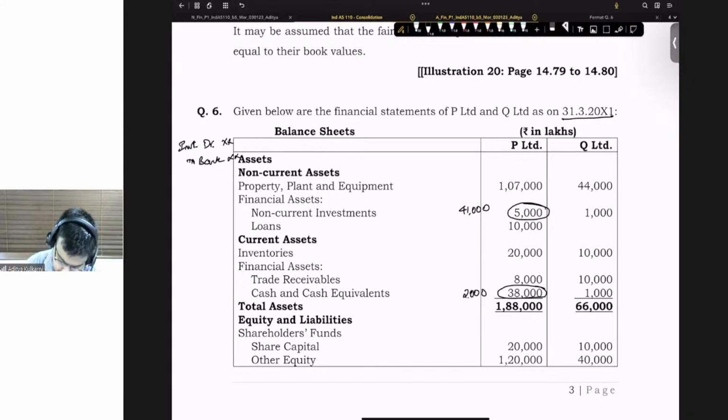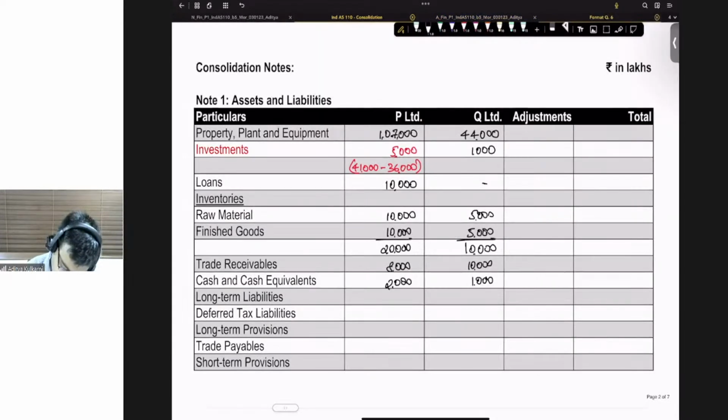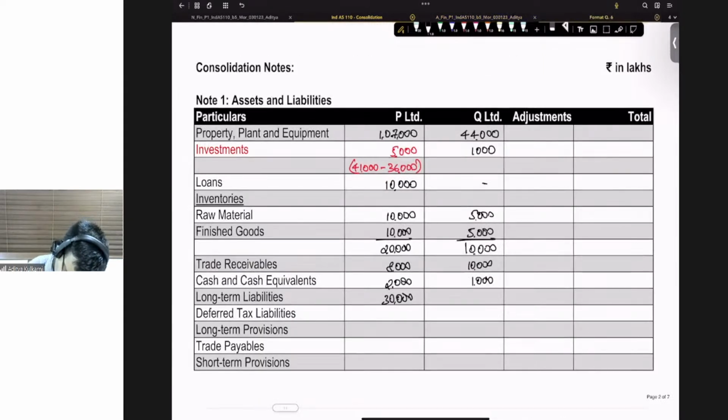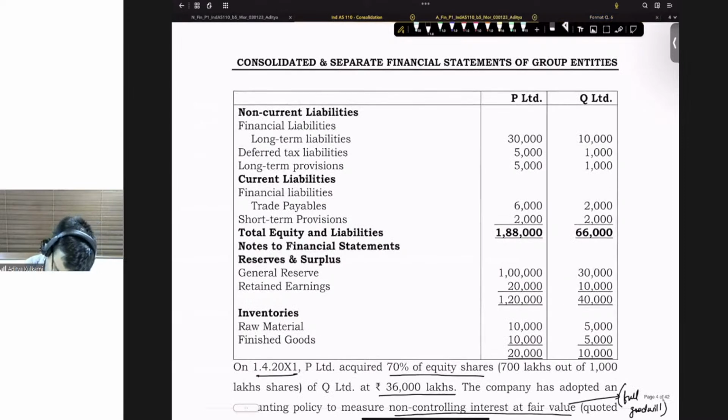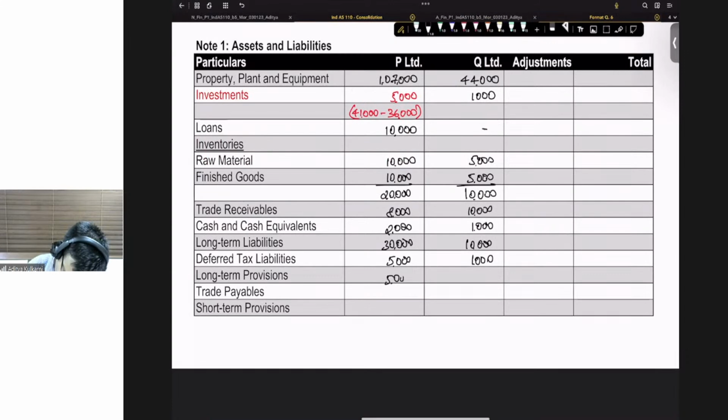Share capital, other equity we won't consider here. Financial liabilities are there. We will consider that. Long-term liabilities 30,000, 10,000. Deferred tax was 5,000 and 1,000. Long-term provisions also 5,000, 1,000.